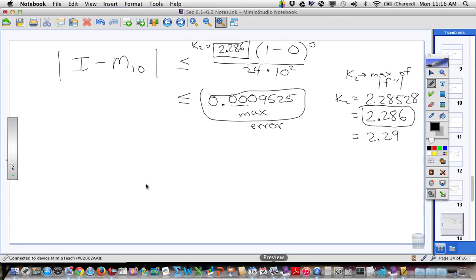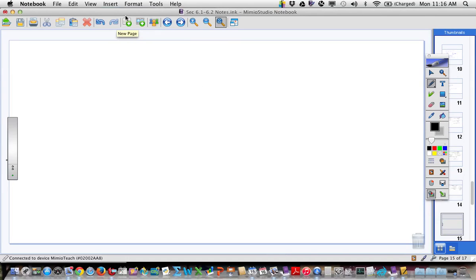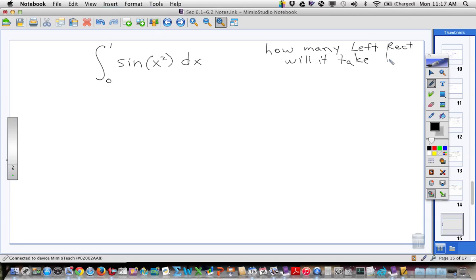And that's the last problem I want to do for you right now, okay? So let's do it with a rectangle one. That'll be a little easier. So let's say we're going to take this same problem and we're going to ask this question. How many left rectangles will it take to be within 0.005 of the exact answer?